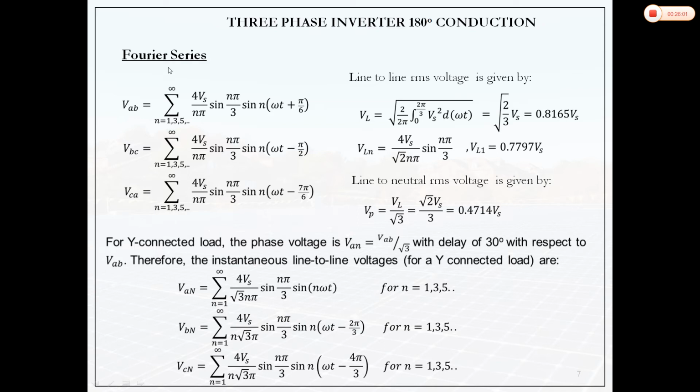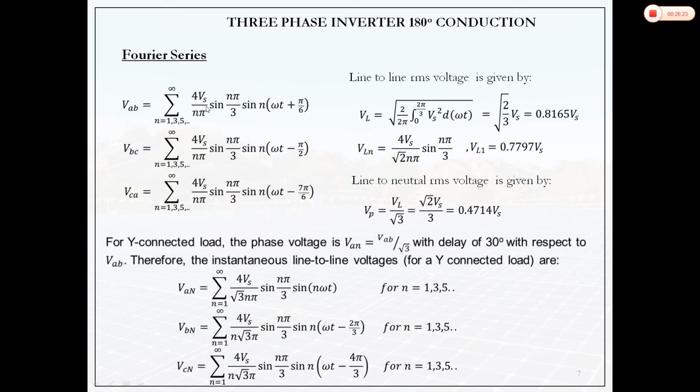So if we know the line voltage, we can also find the phase voltages. Okay. So in a star connection load, you have to divide magnitude by root 3, and for phase angle you have to subtract pi by 6 or 30 degree. So phase voltage will lag by 30 degree.